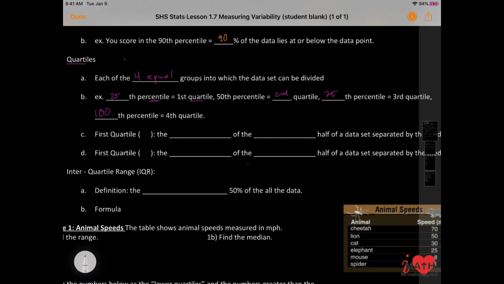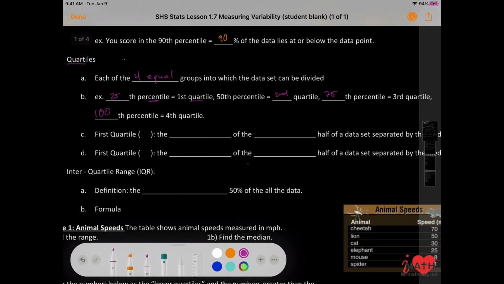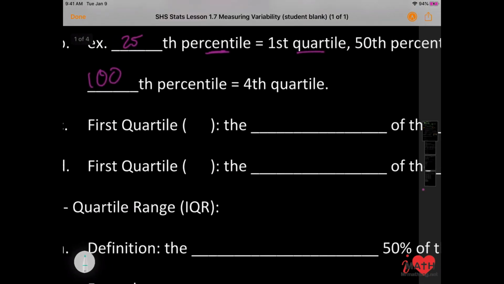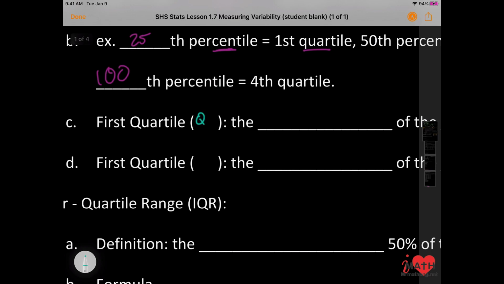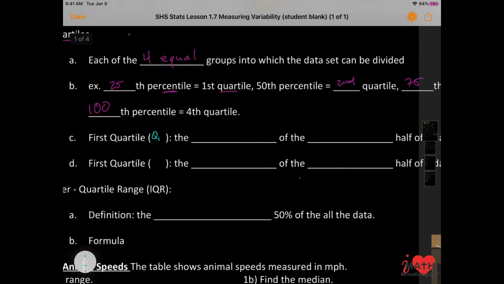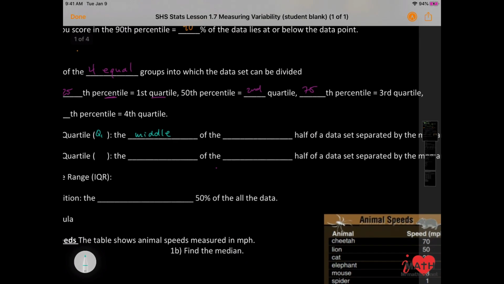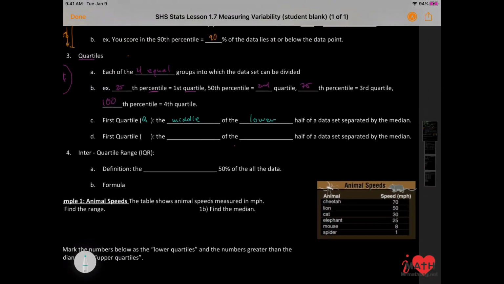What is the first quartile? They abbreviate that as Q1. The first quartile is the middle of the lower half of a data set separated by the median.